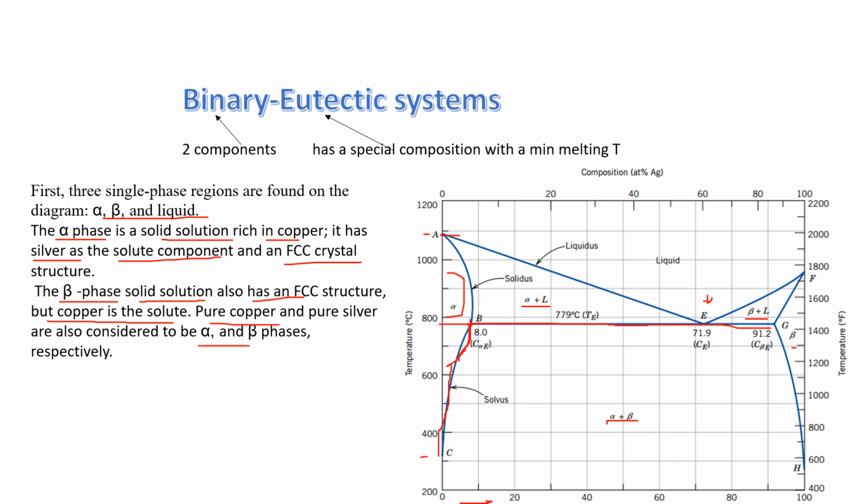This horizontal line BAG, which is parallel to the composition axis and extends between these maximum solubility positions, may be considered a solvus line. It represents the lowest temperature at which the liquid phase may exist for any copper silver alloy at equilibrium.